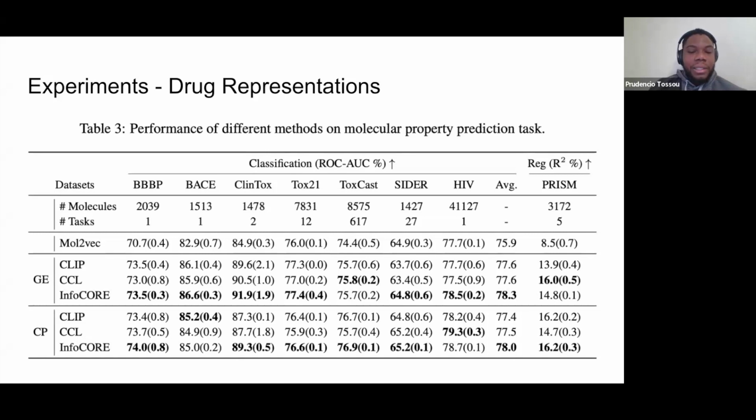And I'm not sure why you would expect some improvement here, because the number of molecules that you have is somehow limited compared to other self-supervised or unsupervised training methods that we train with a million samples and hope for generalization of the representation.